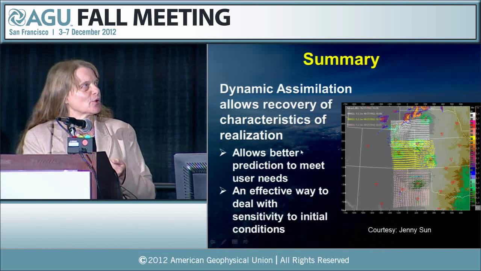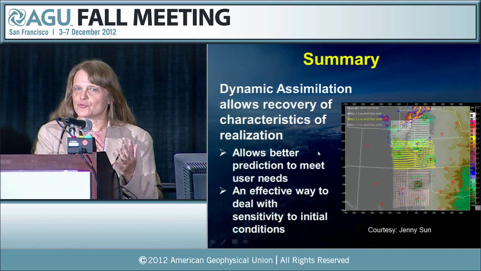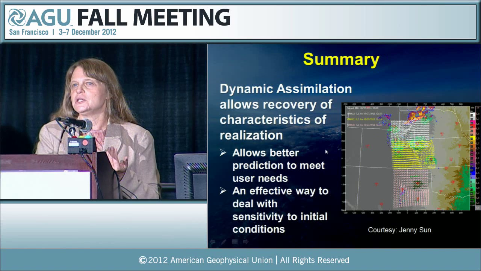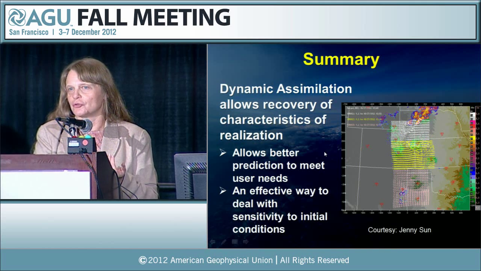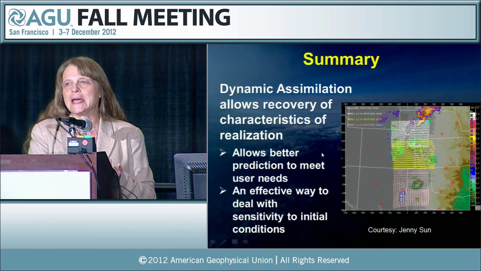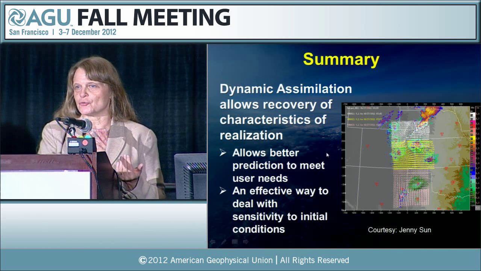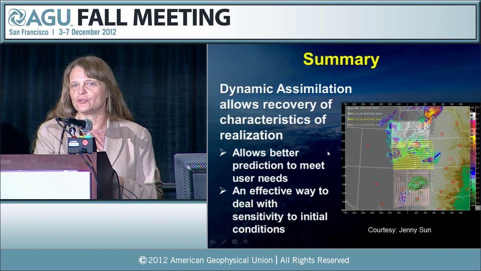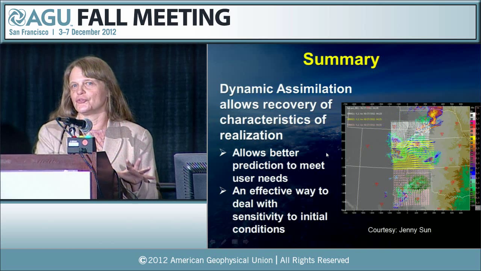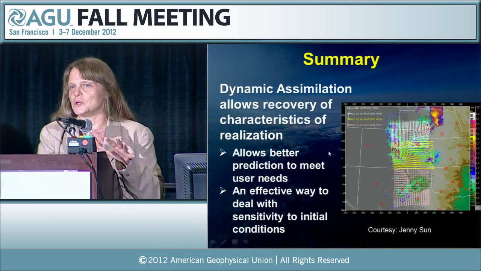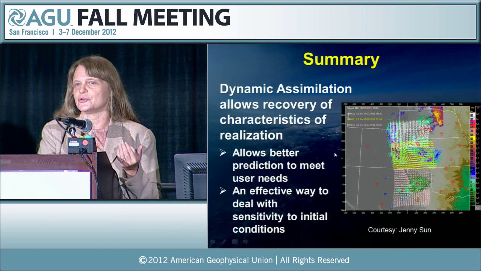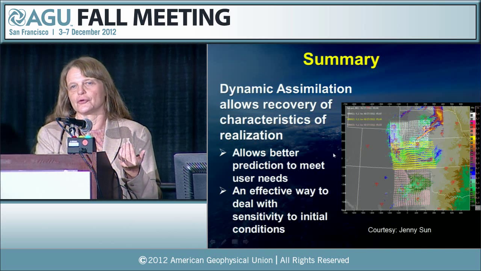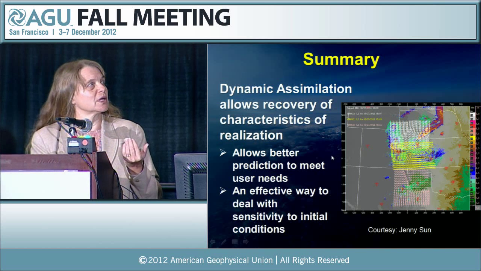Okay, so let's summarize. I'm trying to make the point here that yes, we have inherent uncertainty in atmospheric flow. The users of our information really want information about the particular realization. Now, we know that as meteorologists, we often choose to quantify the uncertainty because it is very difficult to get after that.